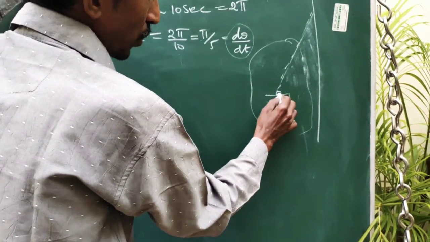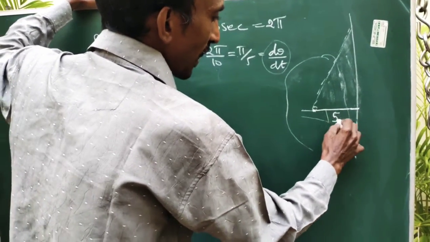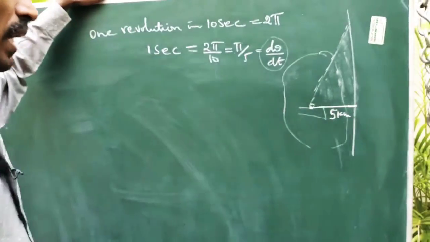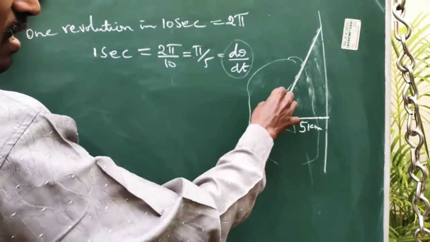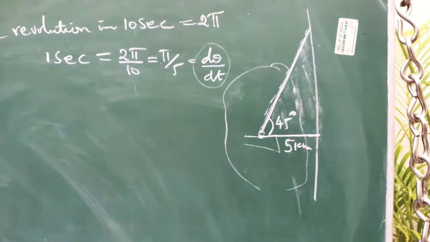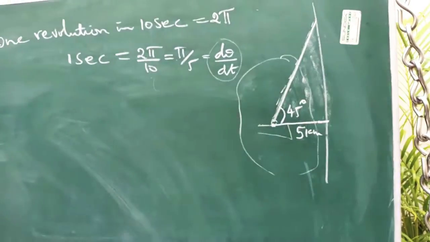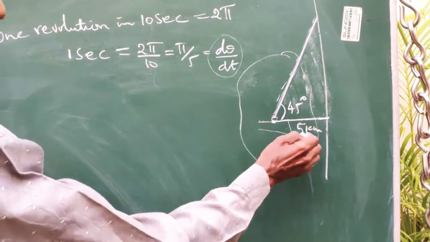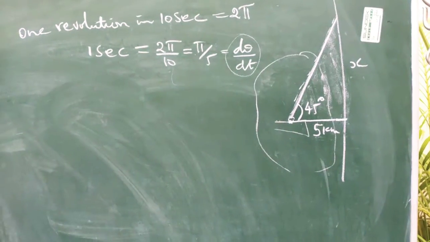I assume this is the distance between the ship and the seashore, given as 5 kilometer. Given that this is the light ray, this angle is 45 degrees. Now we get a right angle triangle. This side is 5 and this distance is not known to us, so we take it as x.